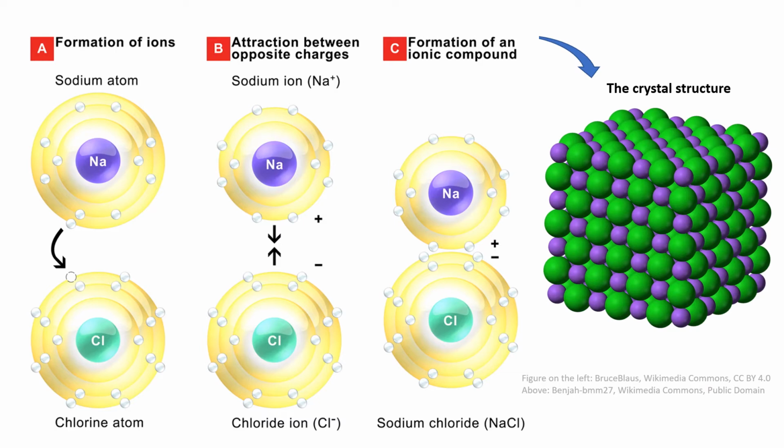Sodium chloride's formula unit is the simplest charge-neutral collection of ions. The formula unit tells us that sodium chloride is composed of sodium and chloride ions in a 1:1 ratio, while common table salt is sodium chloride.